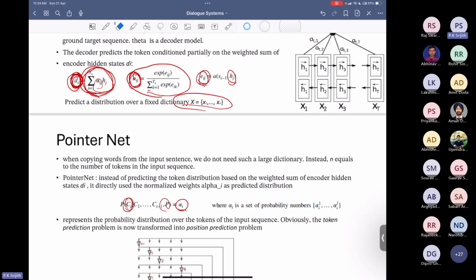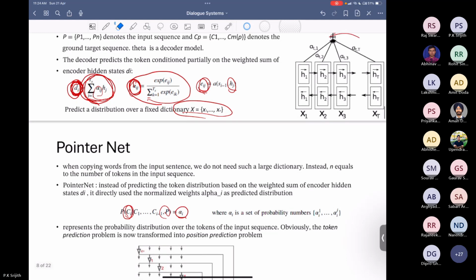Yeah, but did you understand how the pointer net works and the motivation behind pointer net? Sir, in this pointer net part, when it says that it directly uses normalized weight alpha i, that part is not a little clear to me because there also we are using alpha i, right?